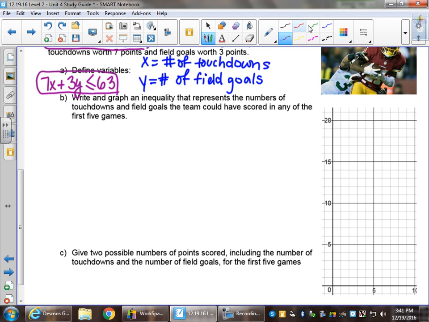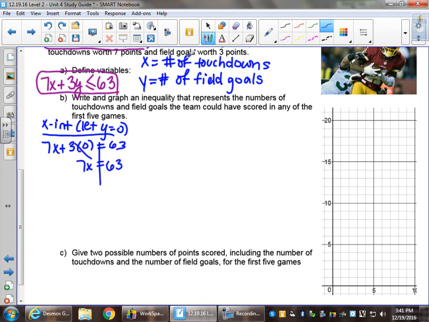Go-to method is by intercepts, x-intercepts. Let y equal 0. So 7x plus 3 times 0 equals 63. Divide by 7, x equals 9.